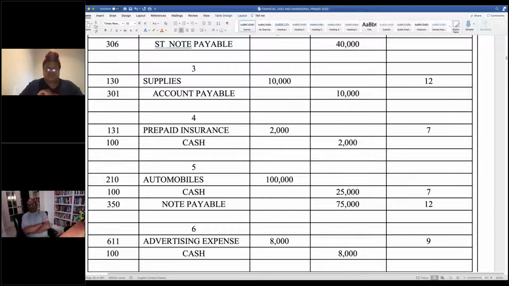Where do we go to see where we've been assigned? In course content, in this section, is a class roster that has a number by your name. That number is the number in the journal entry study problem that you have to do.